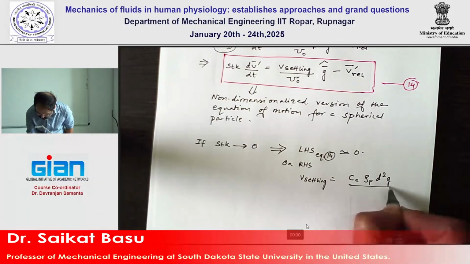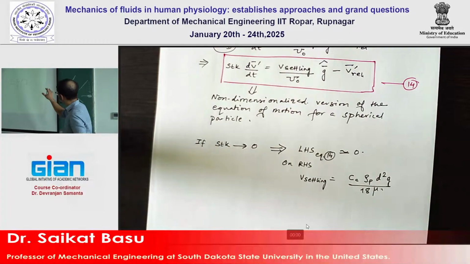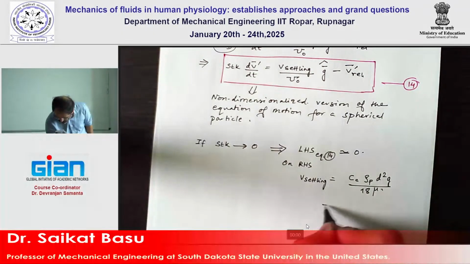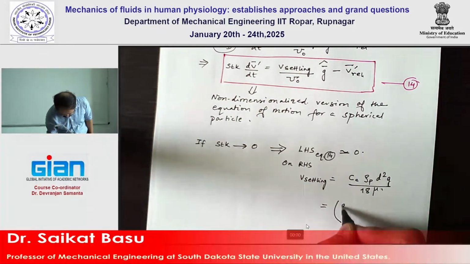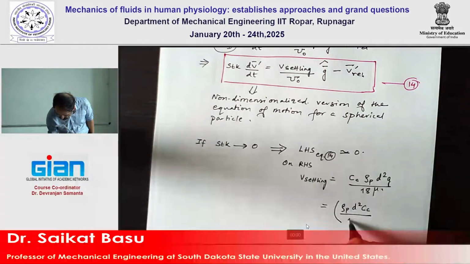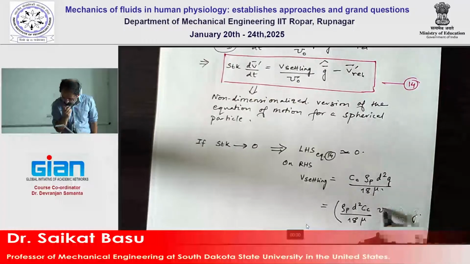We can rearrange this right hand side of the V settling to see how it depends on the Stokes number. So let's do that. If I write this as rho p d square Cc over 18 mu times u naught over d times d over u naught times g.